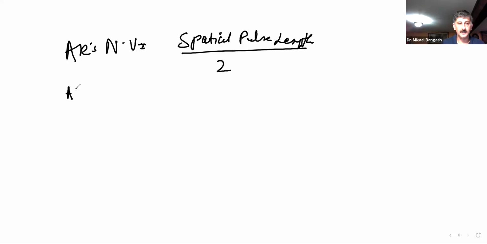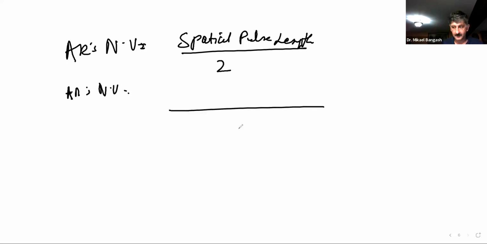But what we can also say is that the axial resolution's numerical value is divided by 2. But the question is, what is going to determine our spatial pulse length? How did we calculate your spatial pulse length?